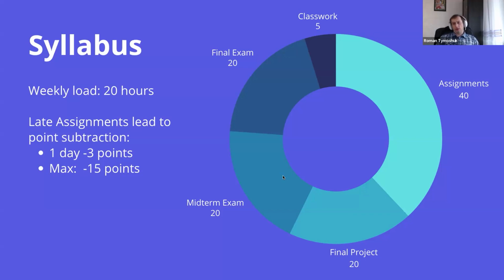As during the previous course, you will have your homework, and we'll be checking and working with you on Wednesdays and verifying your homework. But you need to remember that all delays have some kind of penalty: one day of delay is approximately 3 points, maximum 15 points per homework.